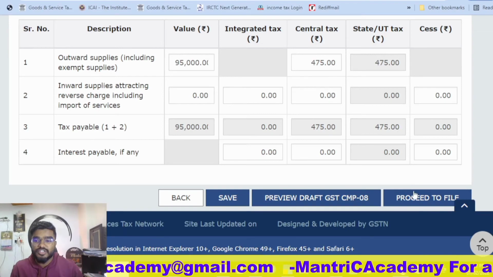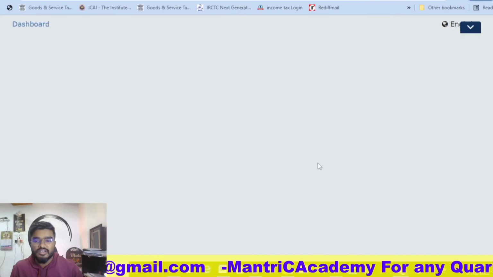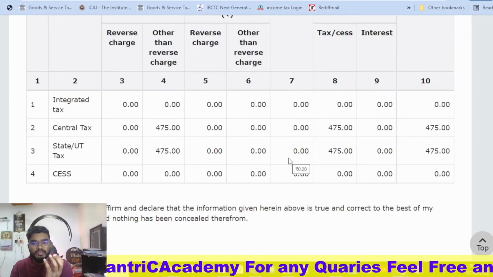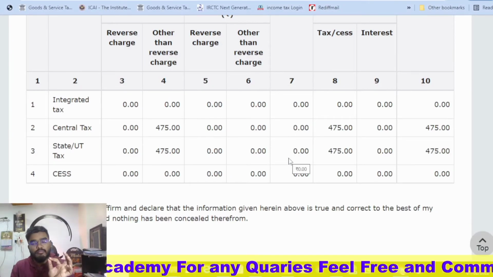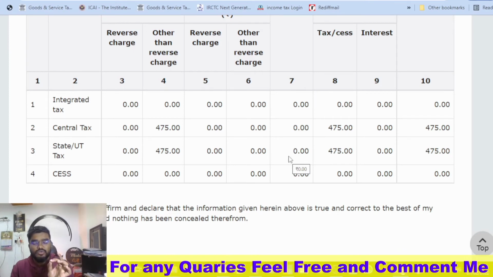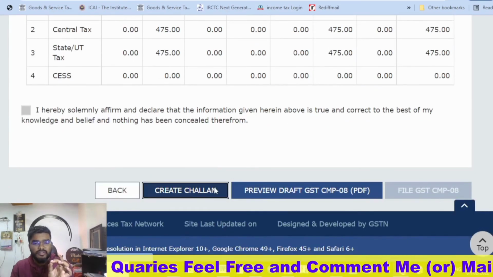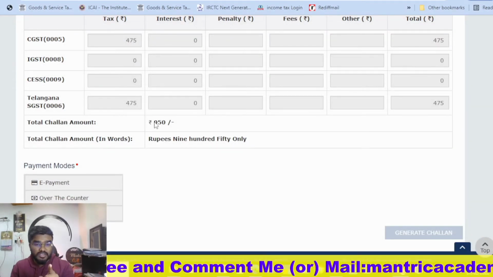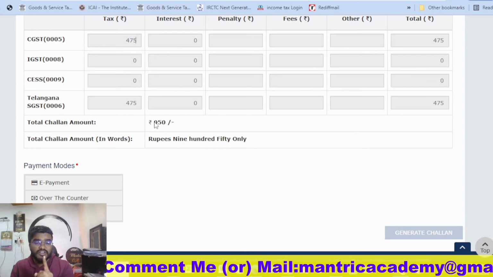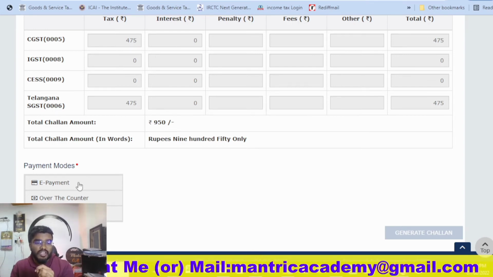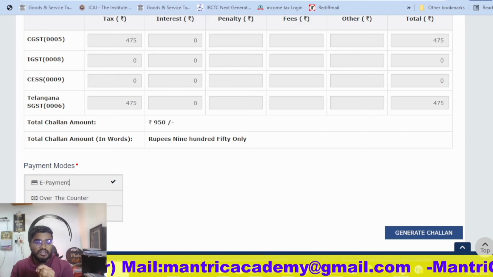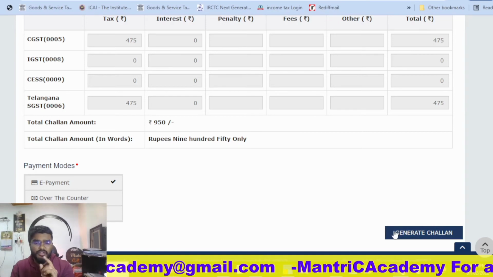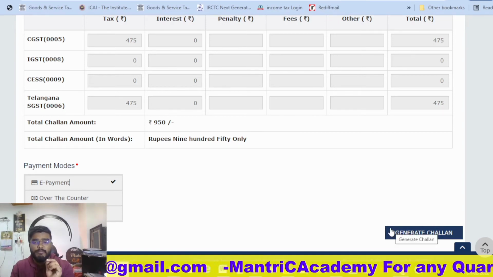Then we proceed to file and go directly to the challan page. There are three types of payment: net banking, bank NEFT, and over the counter. We have to pay 950, that is 1% of 95,000. If you have net banking, pay through net banking.